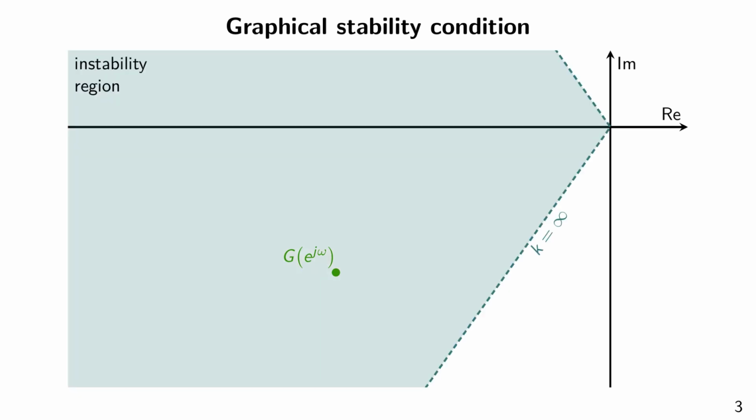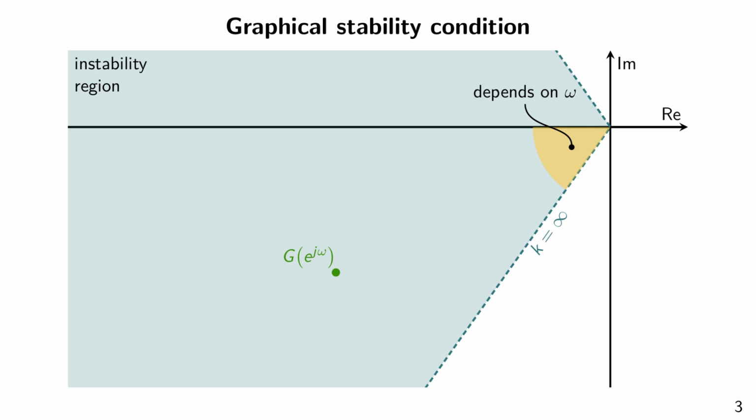Specifically, if the frequency response of the system is within the shaded domain, then it is guaranteed that there exists a slope-restricted nonlinearity in the interval [0,infinity), with which the system goes into a limit cycle. The angle of the boundary of this instability region depends on the chosen frequency omega. If we decrease k, the instability region shrinks.